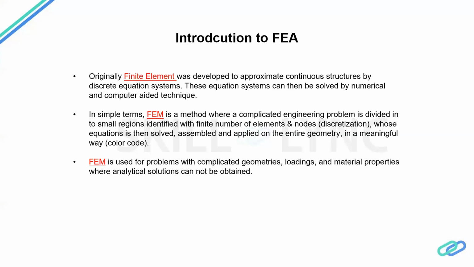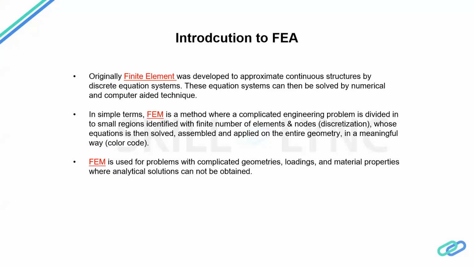In very simple terms, the finite element method is nothing but breaking down your engineering problem into small pieces, solving for each one of those pieces using elements and nodes, which are representations that we will be talking about when we get into the more advanced classes.